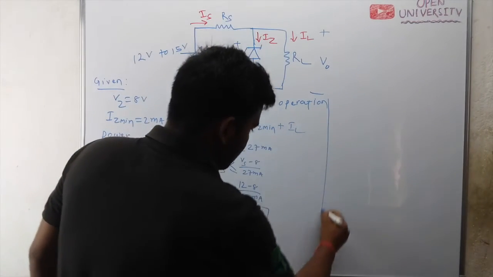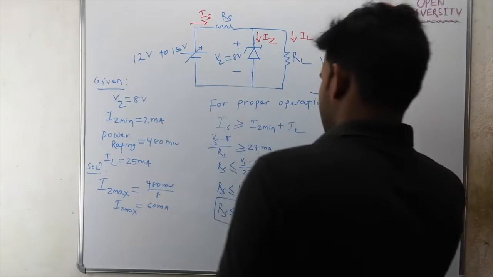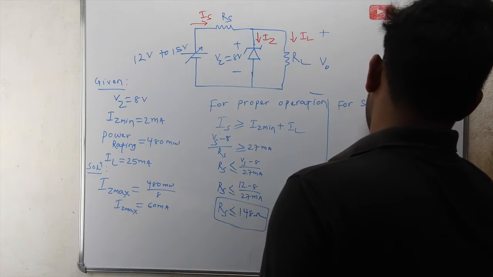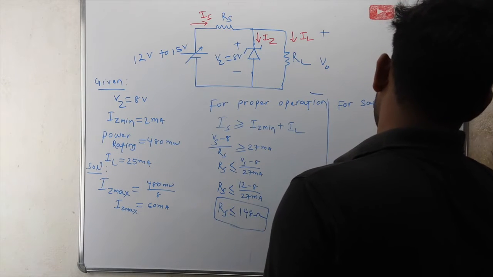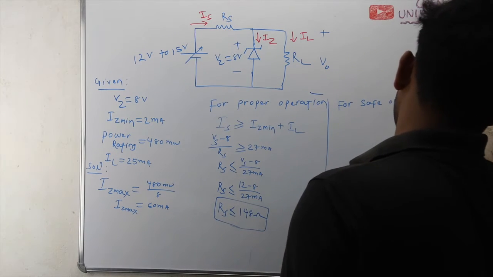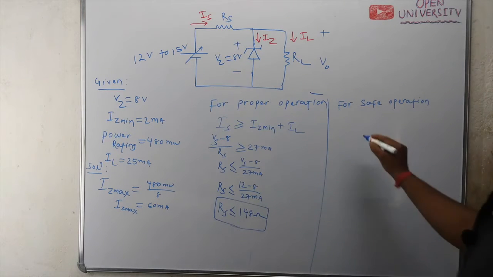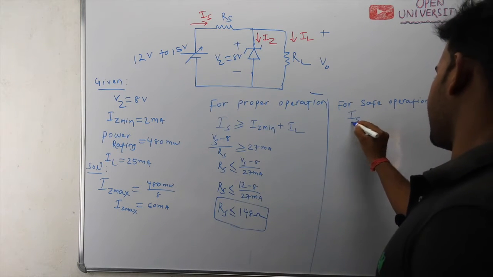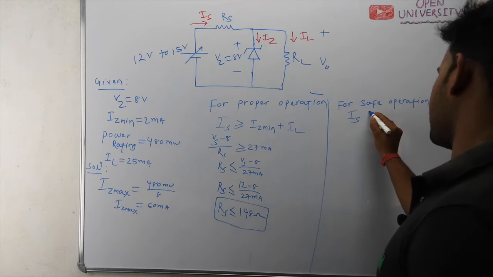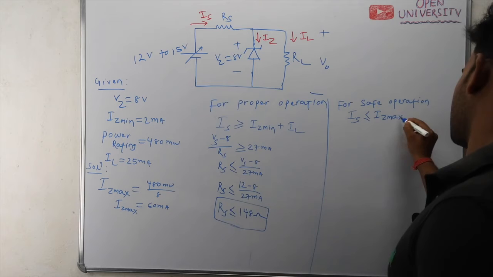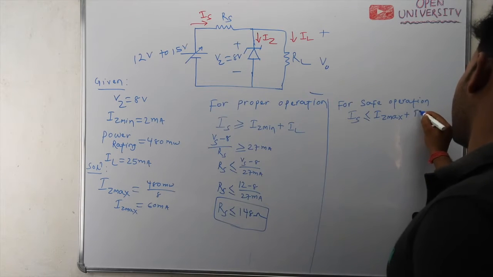And for safe operation, your IS has to be less than IZ max plus IL.